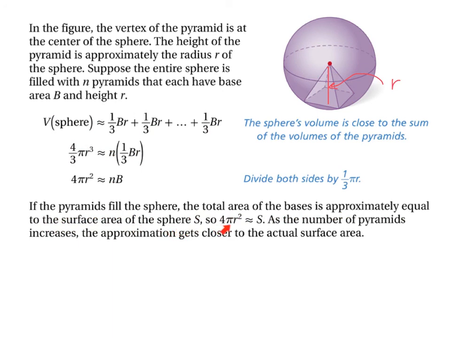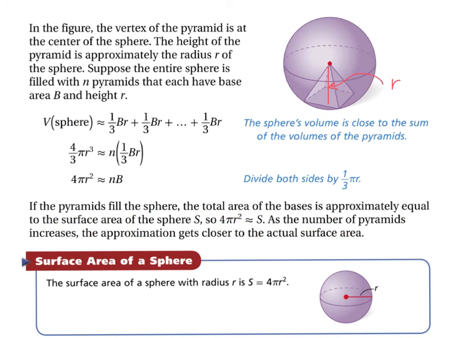So 4 pi r squared is approximately S. As the number of pyramids increases, the approximation gets closer to the actual surface area. We have just proven the formula for the surface area of a sphere, which is 4 pi r squared.